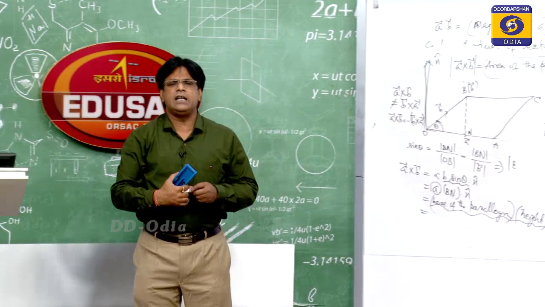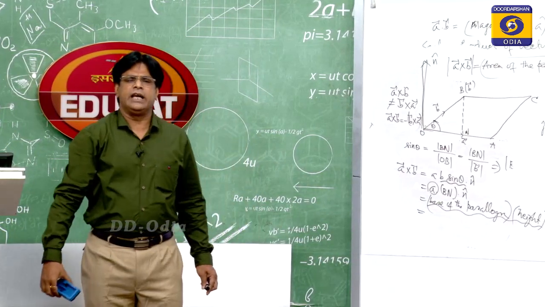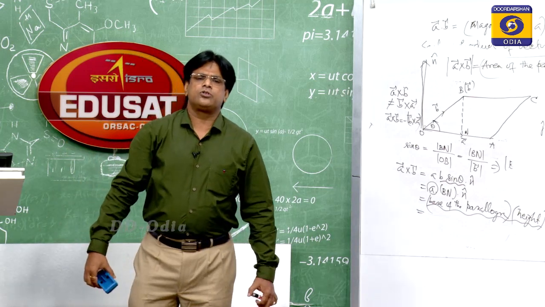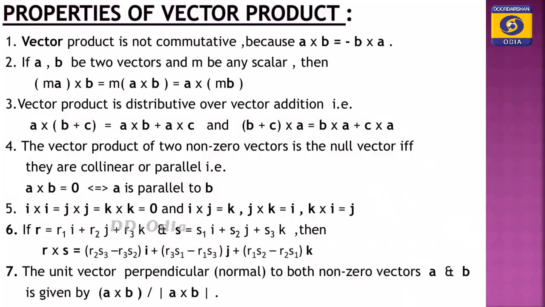Similarly, if A and B are two vectors and M is a scalar, then M A cross B can also be written as M into A cross B, which is also equal to A cross M B, where M is a scalar. Similarly, vector product is distributive over vector addition.